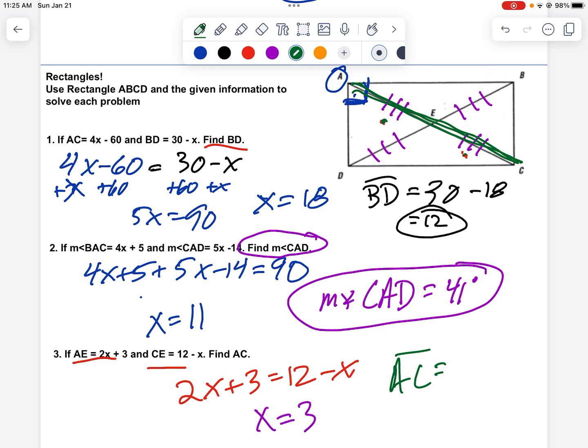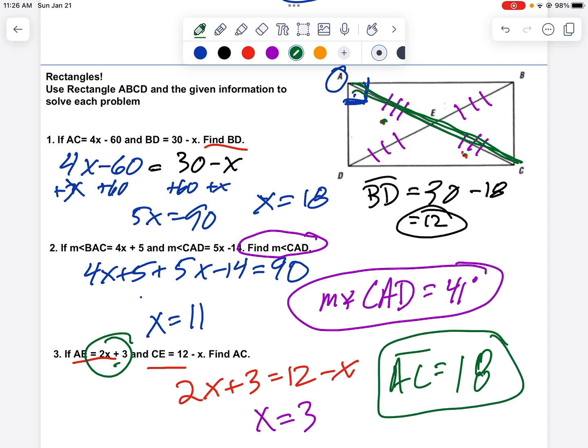Or you can plug x into one of them and then just multiply it by 2. So I could plug x into 2x plus 3. 2 times 3 is 6. 6 plus 3 is 9. 9 times 2 gives me 18. Or I could plug it into both, and you'll still get 18.